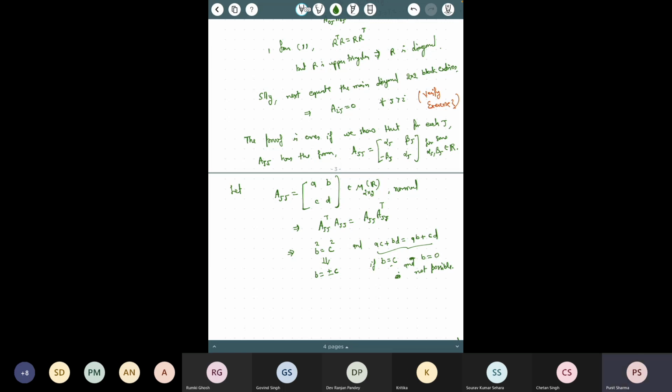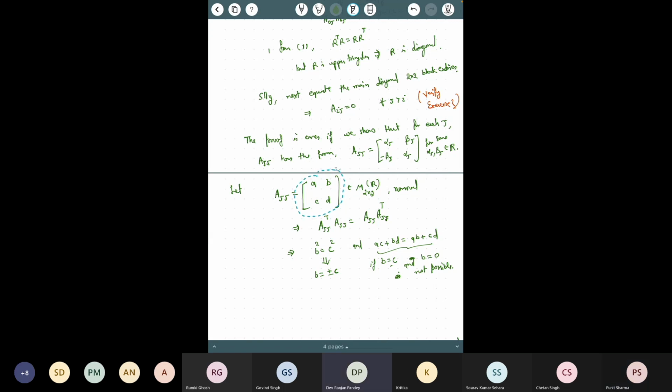This cannot happen. Why? B equal to 0 implies that AJJ is diagonal, which is not true, which cannot happen. Why?